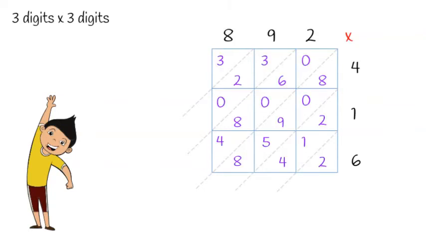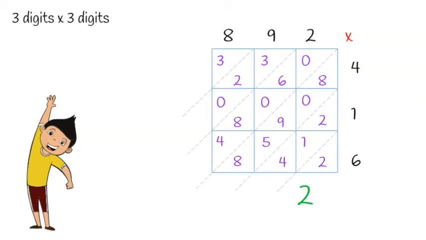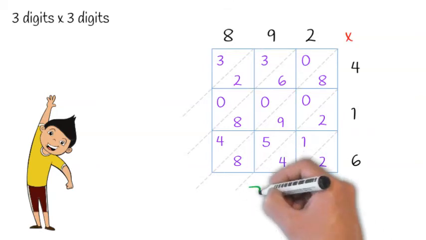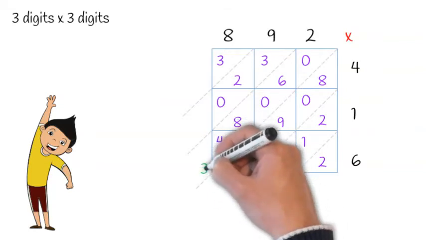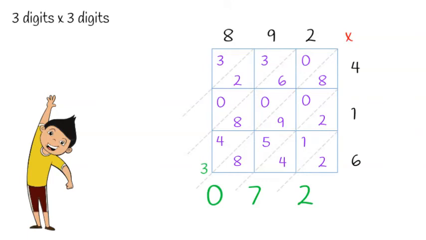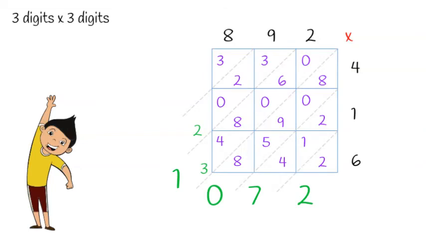Right then, now we need to add up along the diagonals. So firstly, we have 2. Then 2 plus 1 plus 4 equals 7. 8 plus 0 plus 9 plus 5 plus 8 is 30. 0 down, carry the 3. Then we have 0 plus 6 plus 0 plus 8 plus 4 plus the 3 we carried over gives us 21.